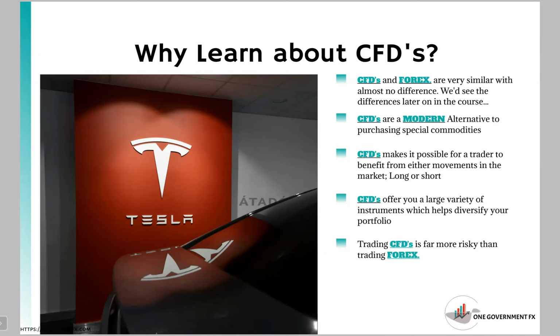In a real life scenario, if I want to sell my shares at Tesla, I must own the shares at Tesla. So it would not be possible for me to sell what I don't have. But because trading CFDs doesn't mean that you actually own the commodity you're buying or selling, you could take any position on it because you're trading on the value of it.